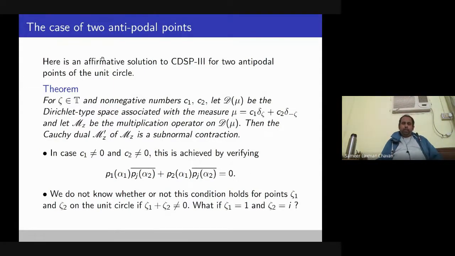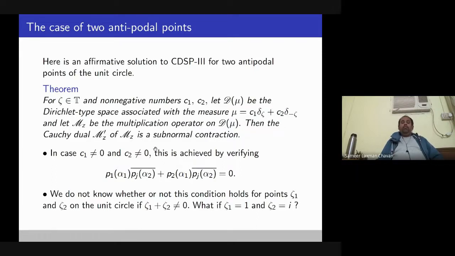So for rank 2, there are 2 points zeta 1, zeta 2, so that the measure is c1 delta zeta 1 plus c2 delta zeta 2. If you assume that the points zeta 1, zeta 2 are antipodal points, then the answer is affirmative.